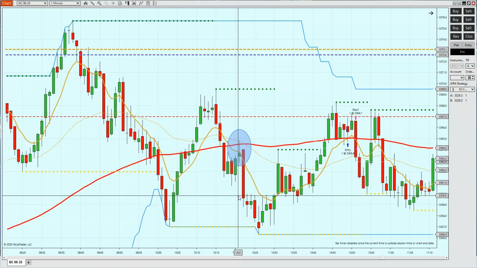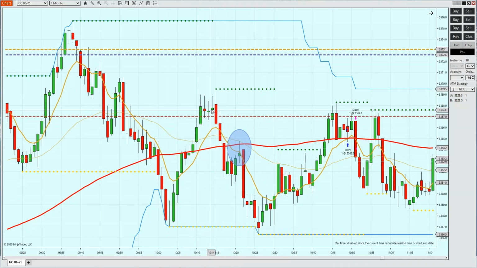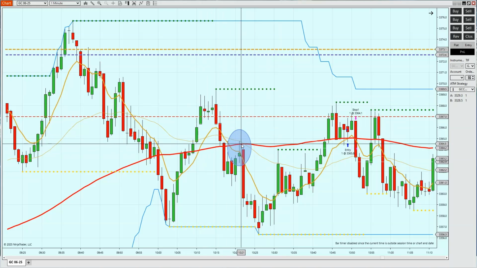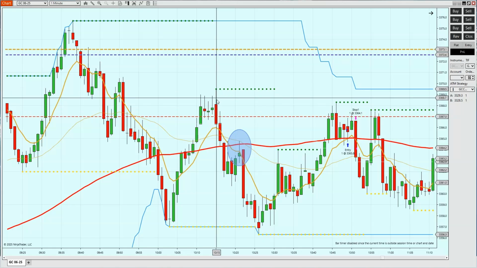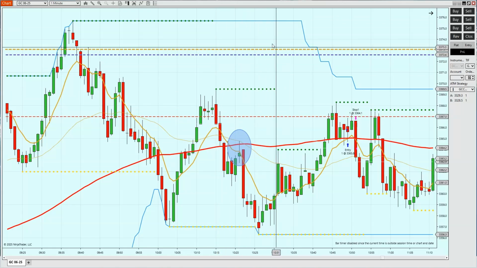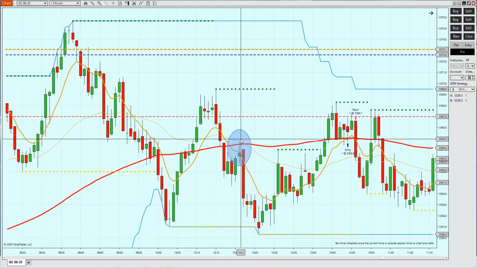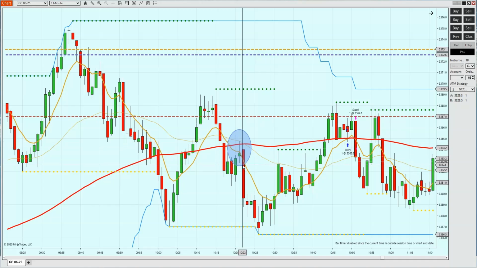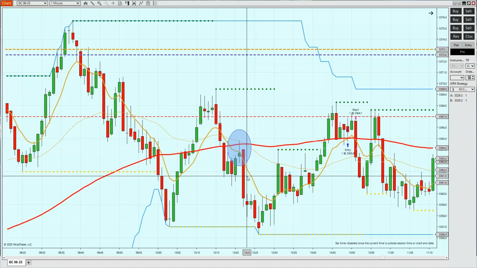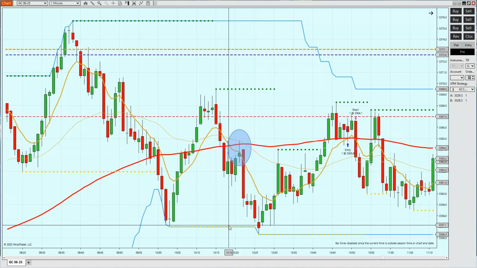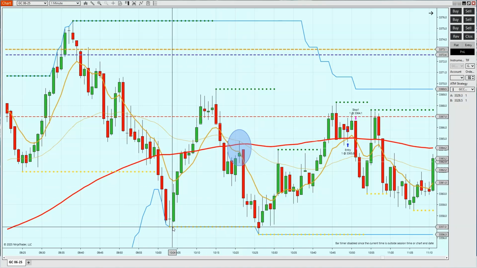And as long as there's no news impacting gold, 10 o'clock news or anything like that, then a 5-minute red line trade is definitely an option. So you cross back over in the direction of the market, pierced your red line, boom. And it goes back to your most recent low, which is right here.